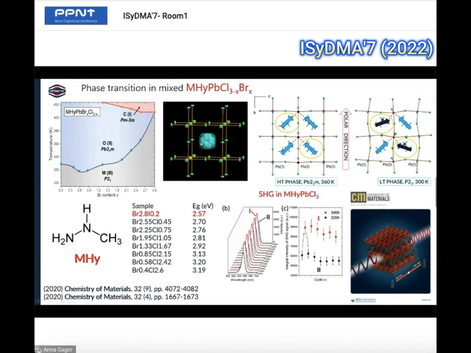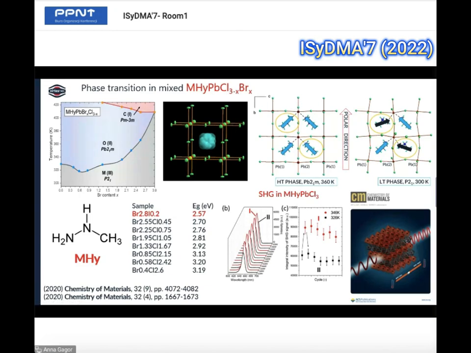We can only see a sphere of diffused electron density inside this cavity. But with temperature lowering, we have a phase transition. Actually, in the solid solution, there are two phase transitions to lower symmetry phases. Both lower symmetry phases, also the room temperature phase, are polar, and do not have the symmetry center.